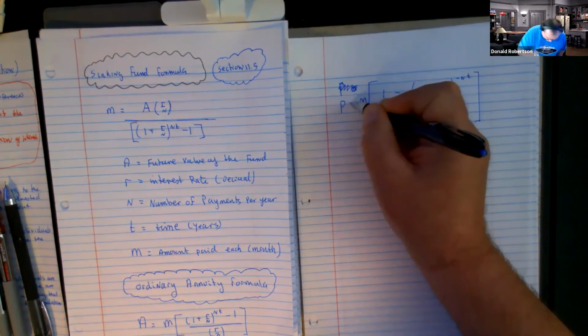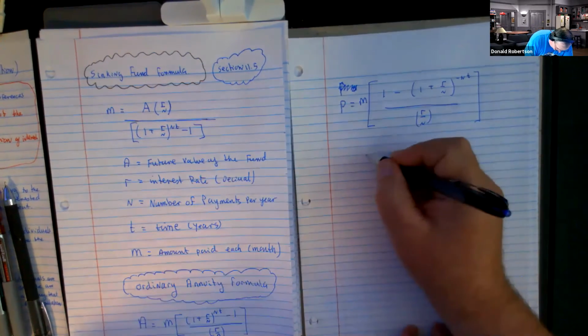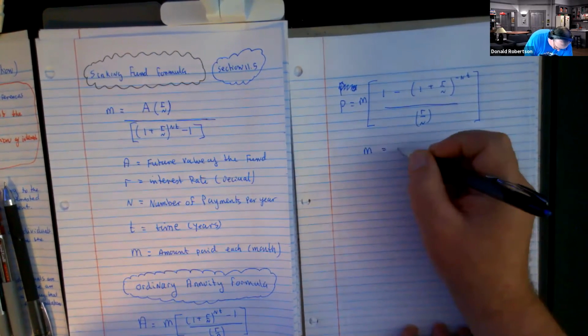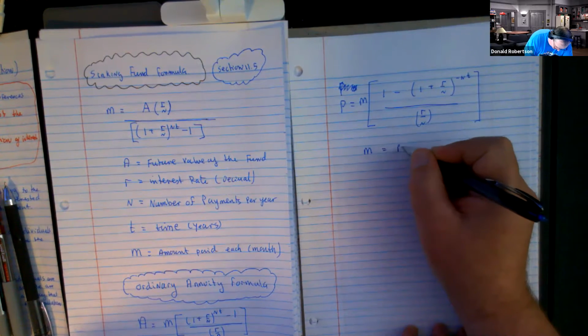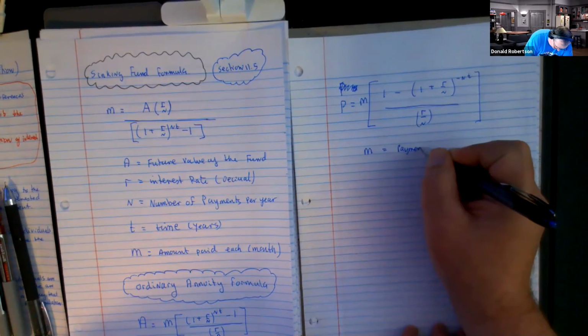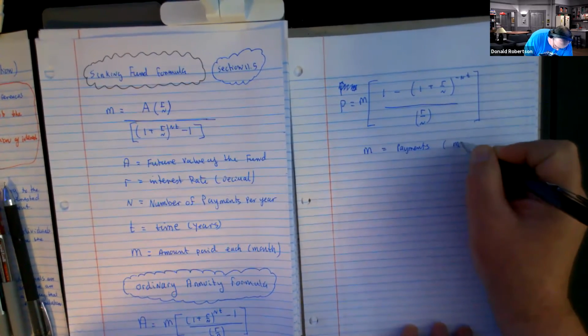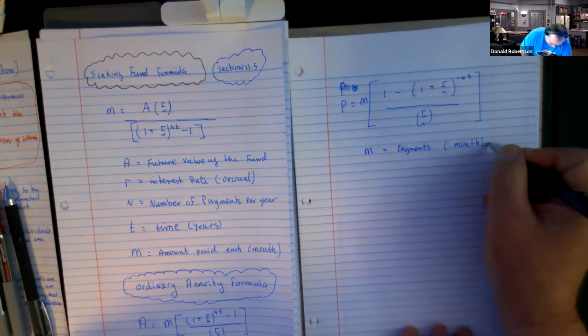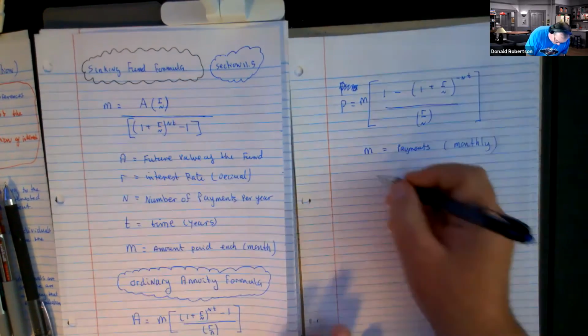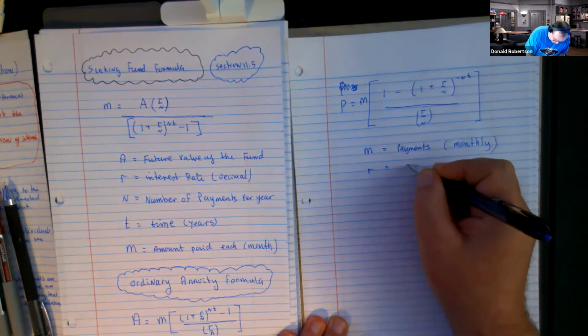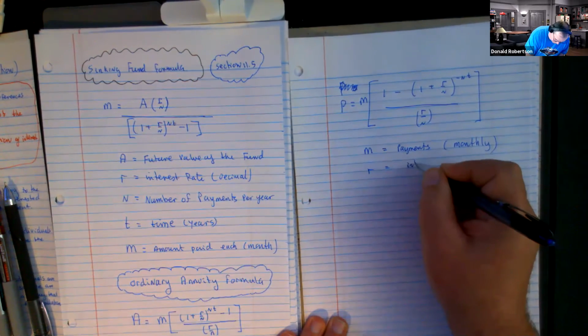M is the payments that you make, typically monthly. R, you know that's going to be the interest rate in decimals.